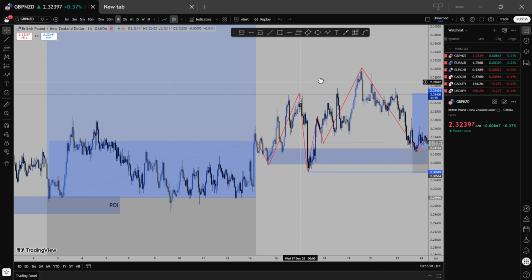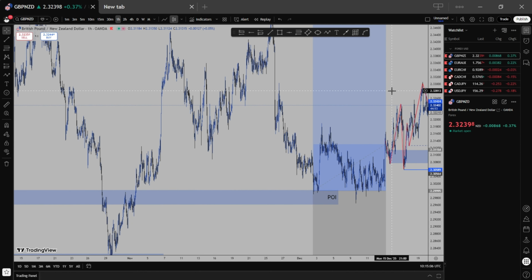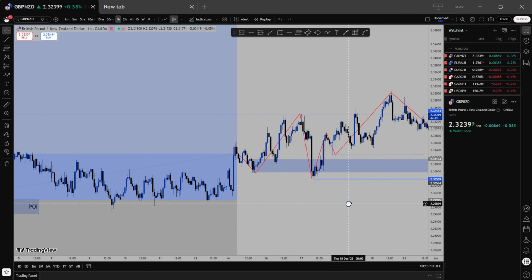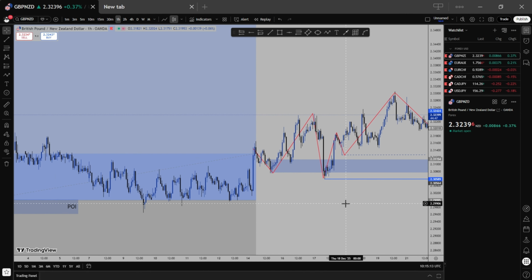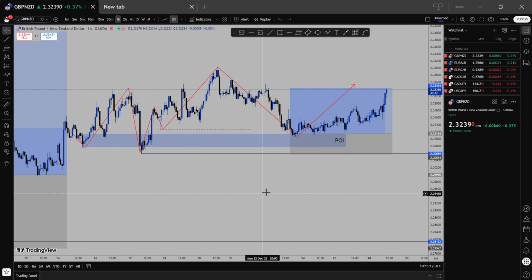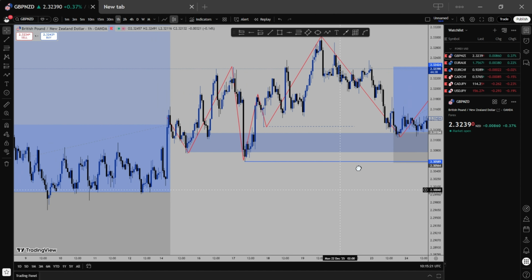Let me see if I can find a setup like that. Okay, well, let me see if I can see something like that. I'm looking for a sweep.